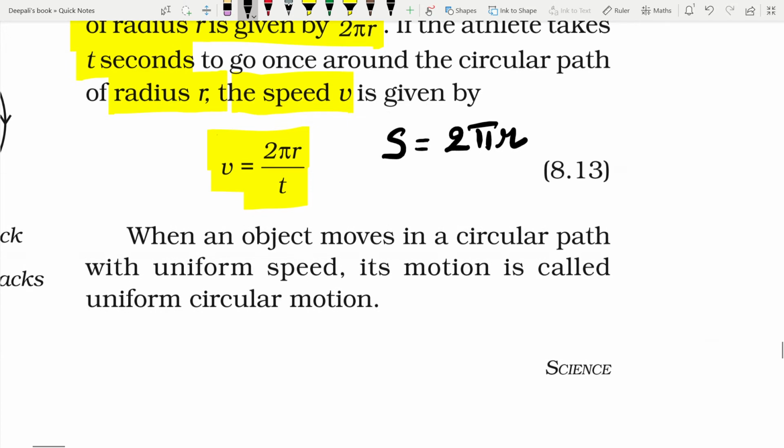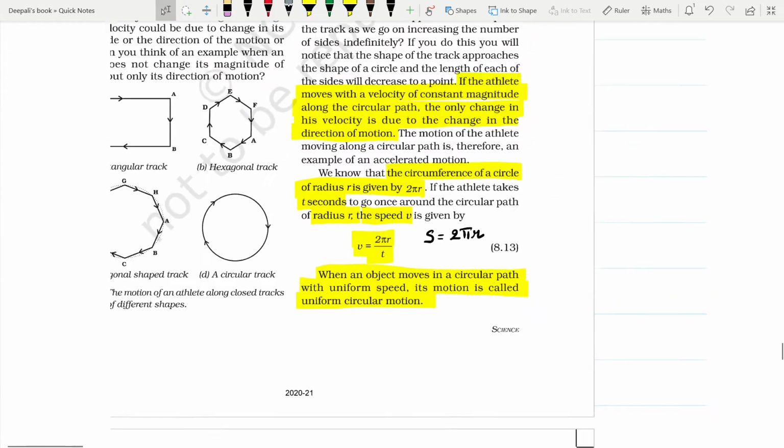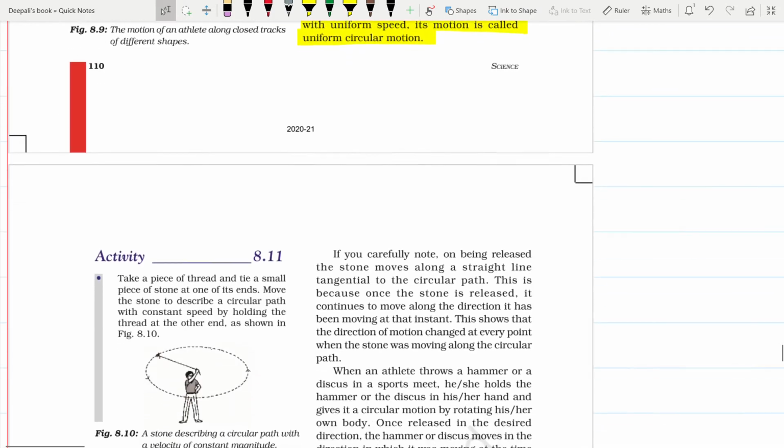When an object moves in a circular path with uniform speed, its motion is called uniform circular motion. So did you understand what uniform circular motion is? An object moving on a circular path with uniform speed is in uniform circular motion.